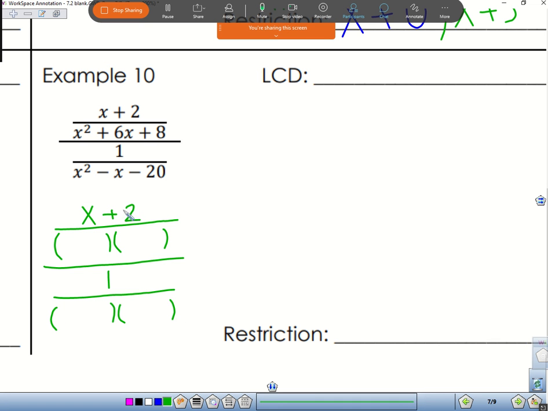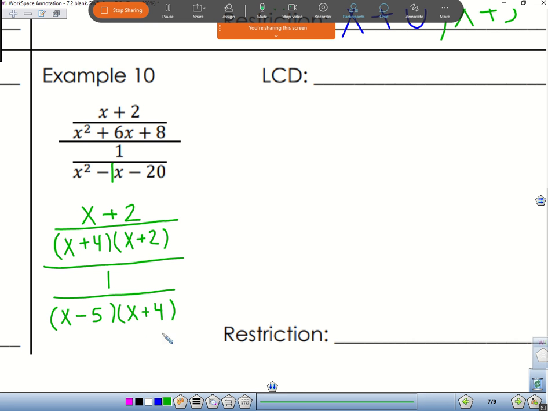So for the first denominator, what are factors of 8 that add up to positive 6? Good. So this breaks up into 4 and 2. And then for my denominator, what are factors of negative 20 that add up to negative 1? Good. Negative 5 and positive 4.